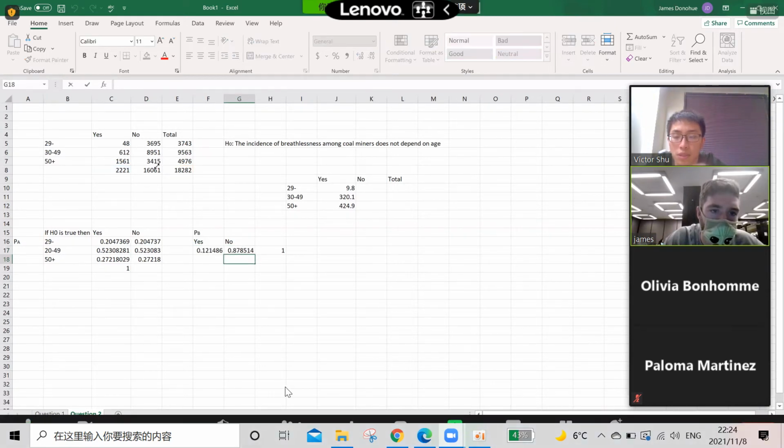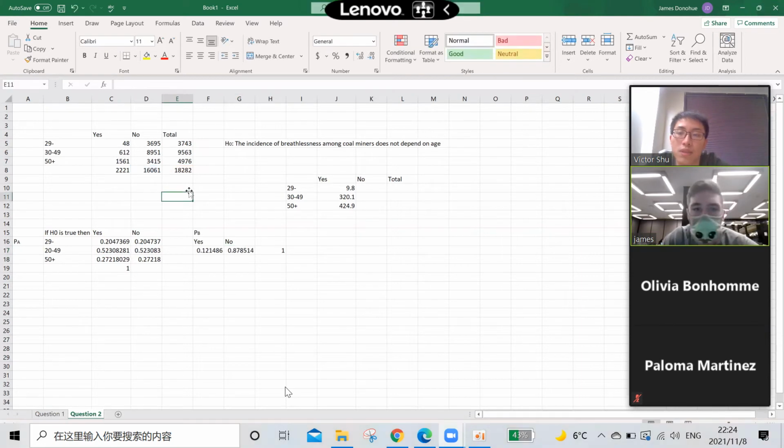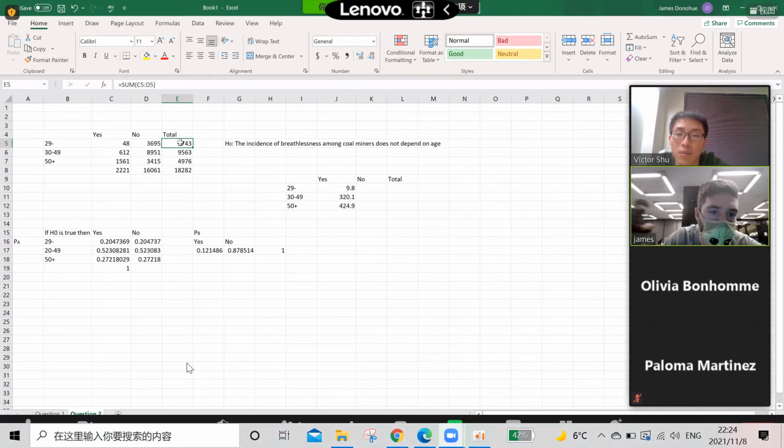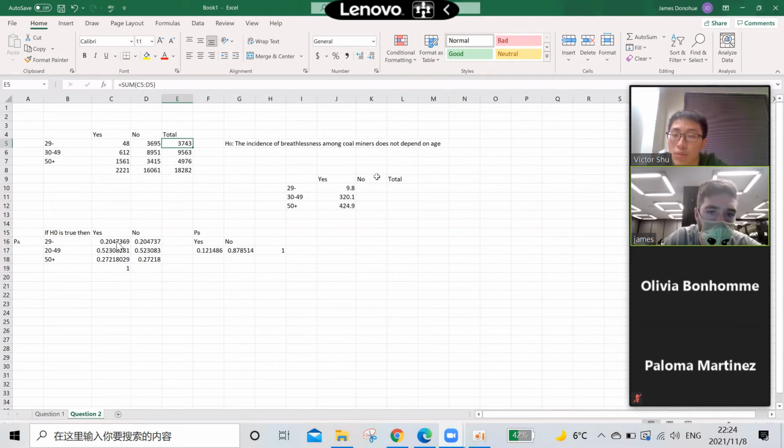Basically, the probability there is the two probabilities multiplied together. You use the column, like E5 divided by the total number. That is only the probability of being under 29 years old, right? But what you should put in there, like you calculated 0.204.